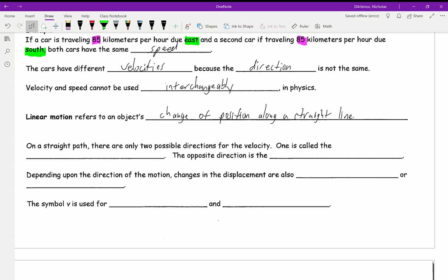We might want to call it left or right, or forwards or backwards. But we're going to call it the positive direction, which would make the opposite direction of the positive direction the negative direction. Depending on the direction of the motion, changes in the displacement are also going to be positive or negative.